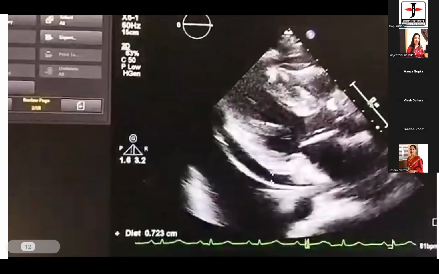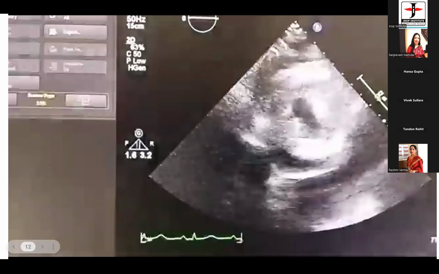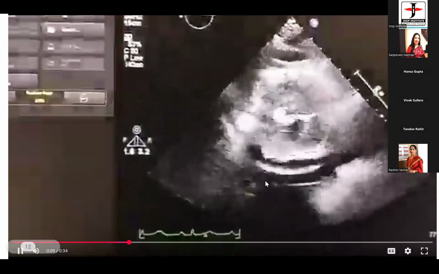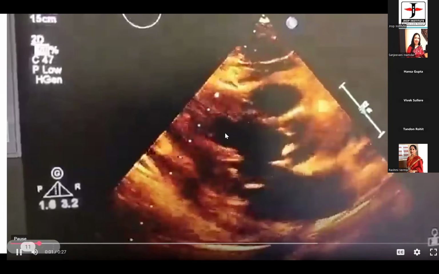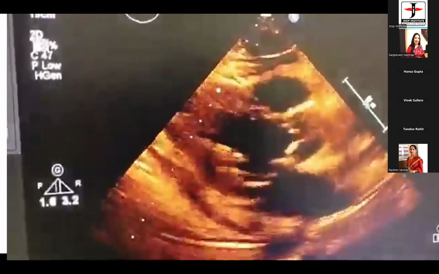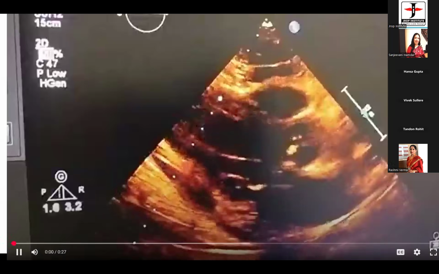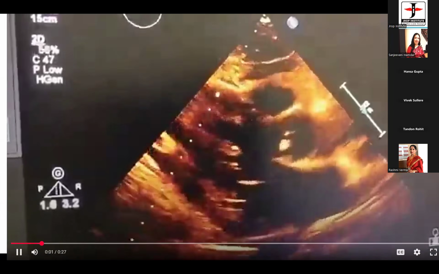I would request the speaker to go back to the previous slide. This one, sir? No, the previous one. The subcostal one. Subcostal. No, further back.